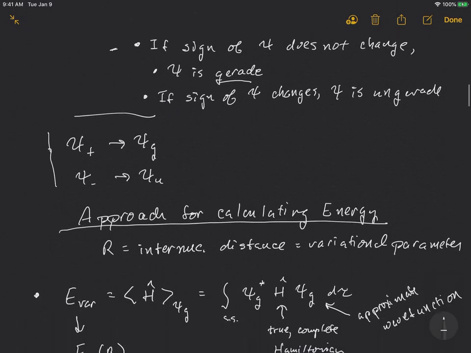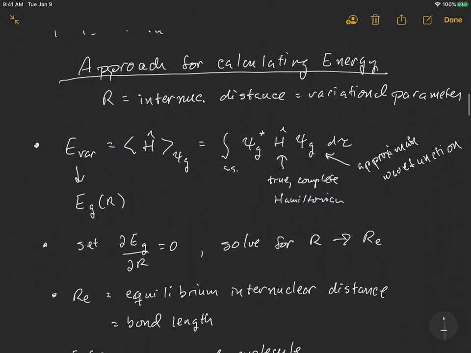Okay, now that we have tackled the wave functions, we can move on to the problem of calculating the energy of this molecule ion. As you may recall, we're using a variational approach where we have a parameterized wave function. And here our parameter is R, this internuclear distance between the two nuclei.